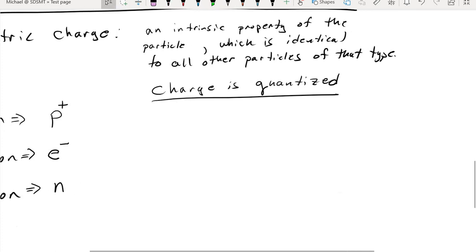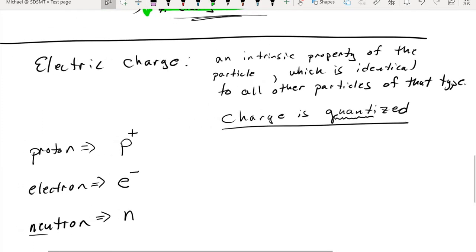Well, the term quantized has the root of quant or quantity, and what that means is that you have a specific amount. So each charge will have a specific amount, and given the definition of electric charge, the particle, given the specific amount of charge, has to have the same amount of charge regardless of that type of particle.